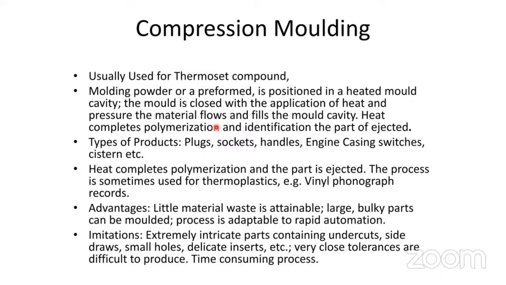The material flows into the mold and fills the mold cavity. It spreads and it will fill the cavity. Heat completes the polymerization and then the part is ejected. So friend, after that, you can remove the article when the article becomes dense.